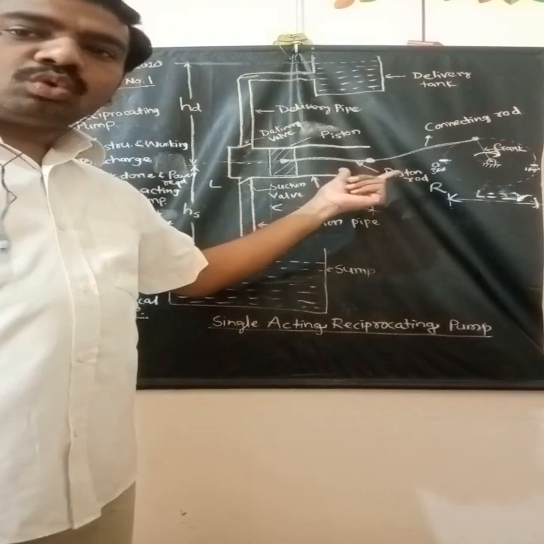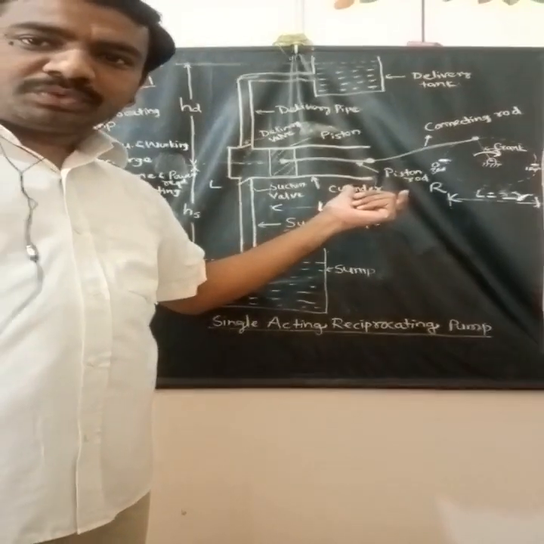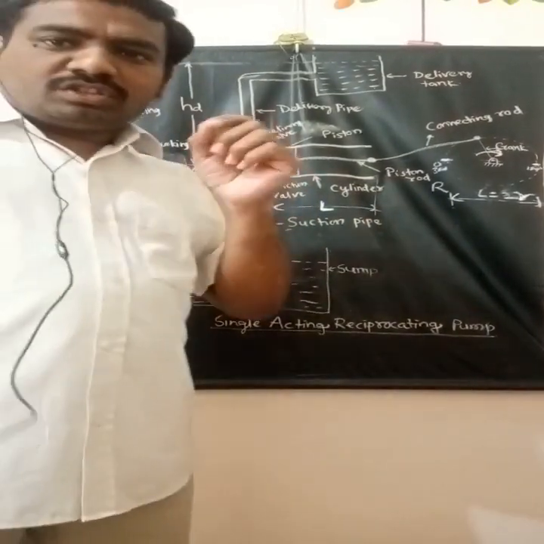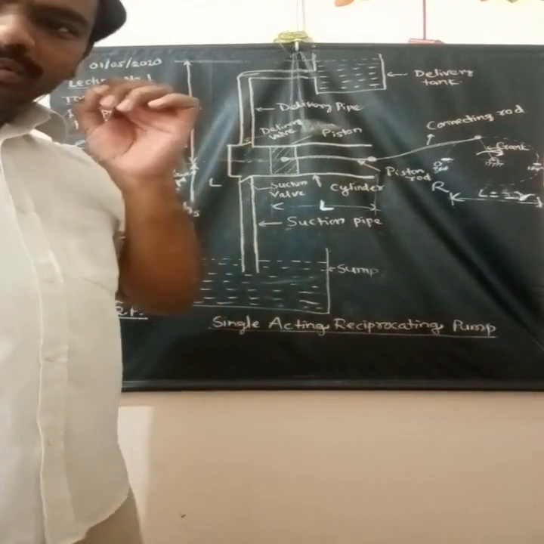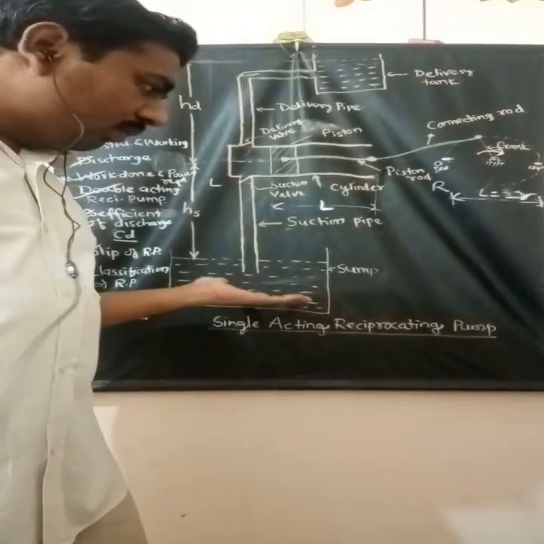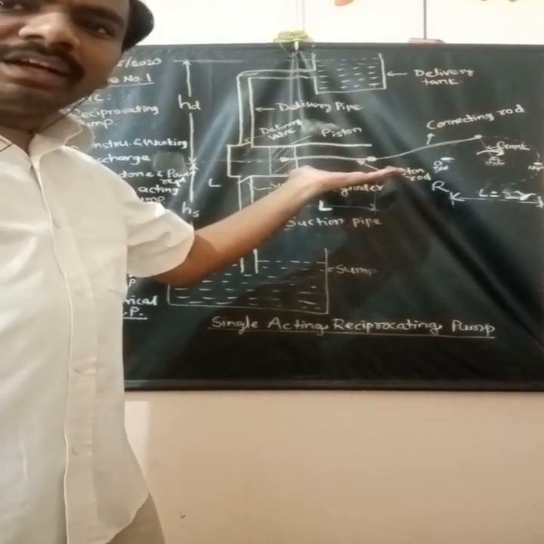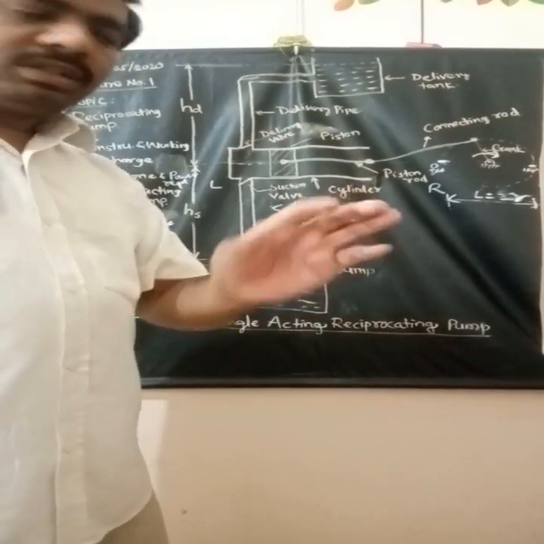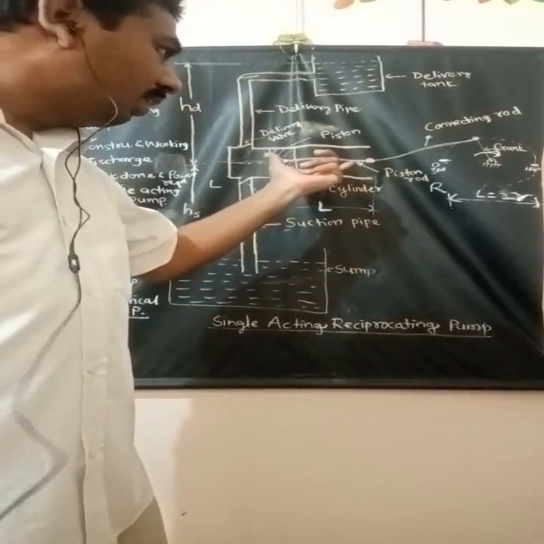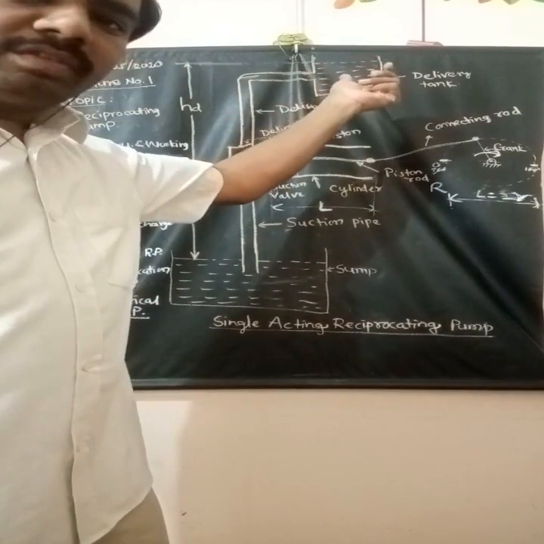So this stroke is called the delivery stroke. Simply, whenever the suction stroke takes place, the water comes from the sump into the cylinder, and whenever the delivery stroke takes place, the water enters into the delivery pipe and the delivery tank.